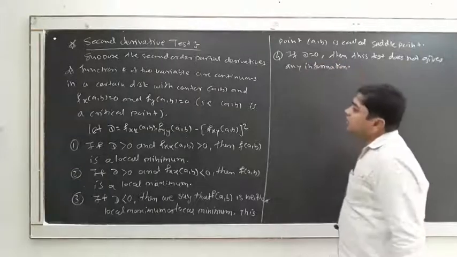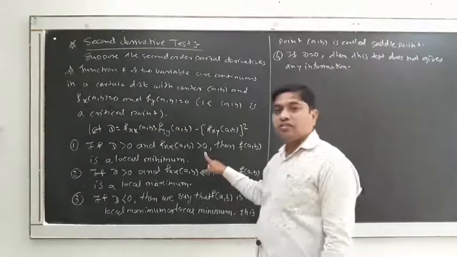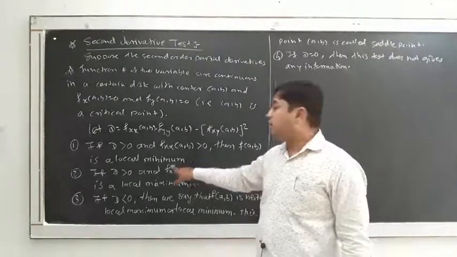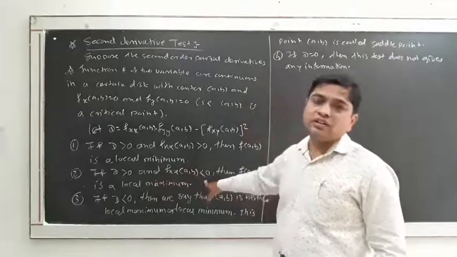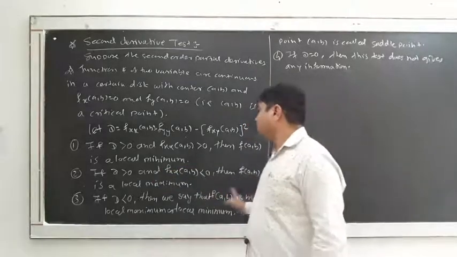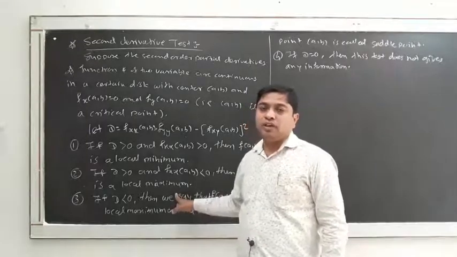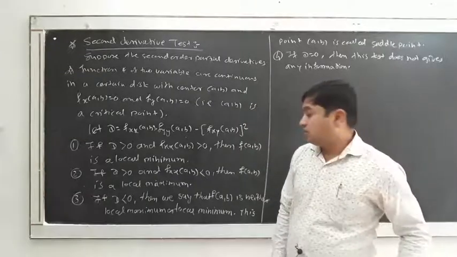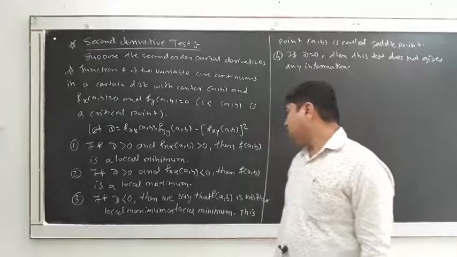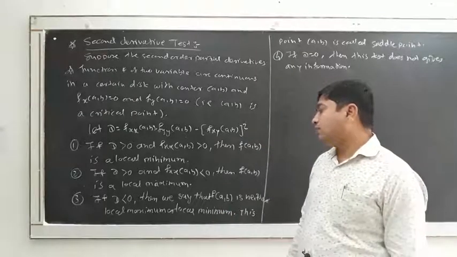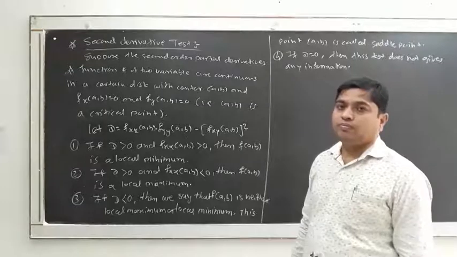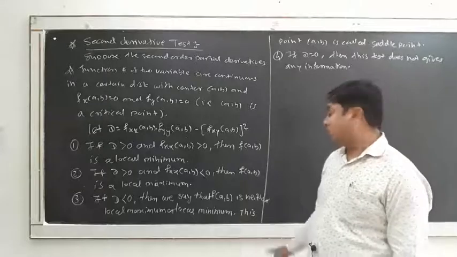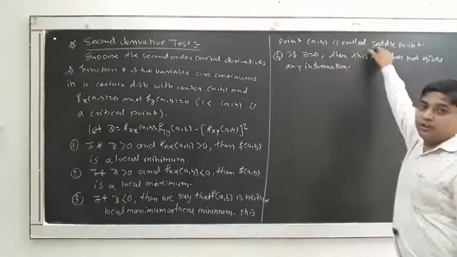That means if D is greater than 0 and fxx is greater than 0, then f(a, b) is a local minimum. If D is greater than 0 and fxx is less than 0, then f(a, b) is a local maximum. If D is less than 0, then f(a, b) is neither a local maximum nor a local minimum, and this point (a, b) is called a saddle point.